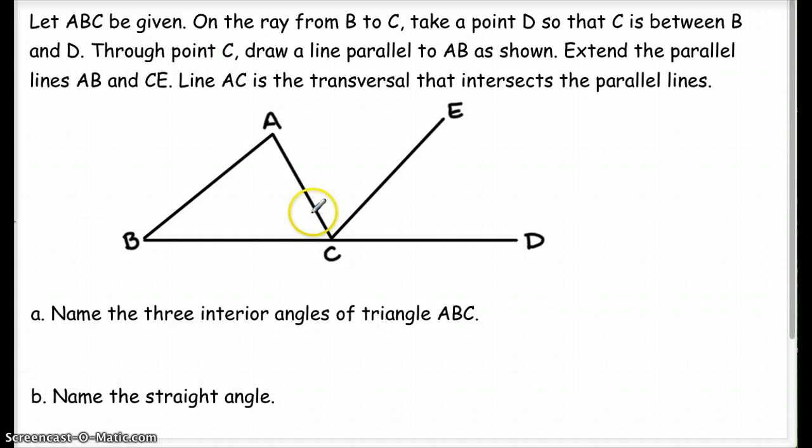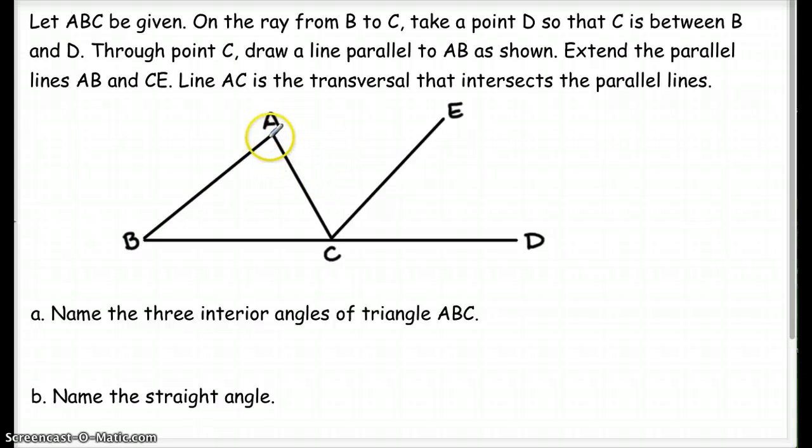Through point C, draw a line parallel to AB as shown. So this is your line that's parallel to AB. Extend the parallel lines AB and CE.